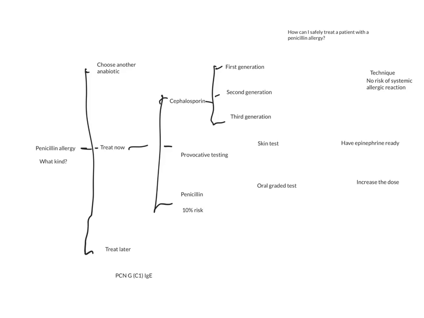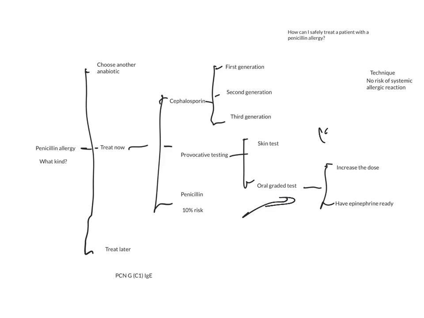If you are going to do an oral graded test, it's relatively straightforward. You take a small dose, about 10% of the original dose, and you just give it to them orally.